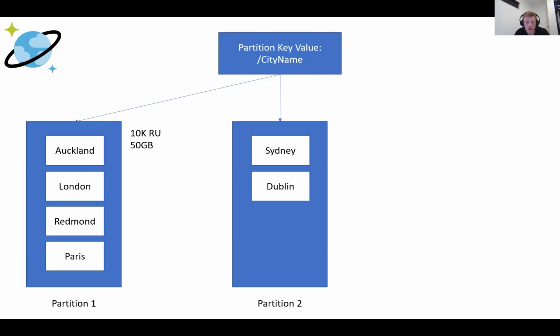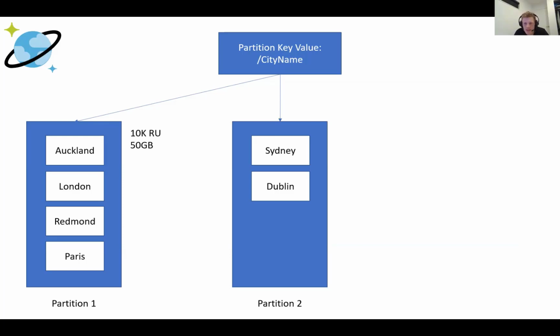So say for this Auckland logical partition that I've got here, if it started to grow and needed more storage space on a physical partition, it would be mapped to a new physical partition. And then throughput that is provisioned on a container will be divided evenly amongst our physical partitions.